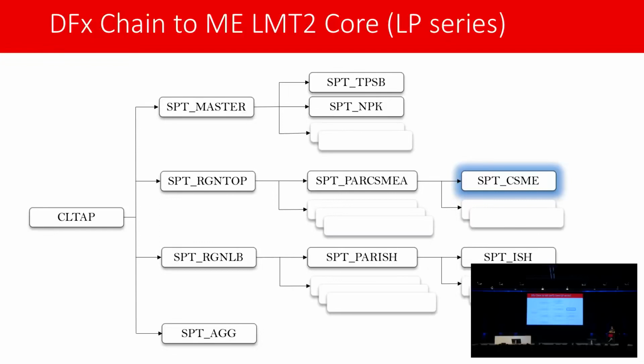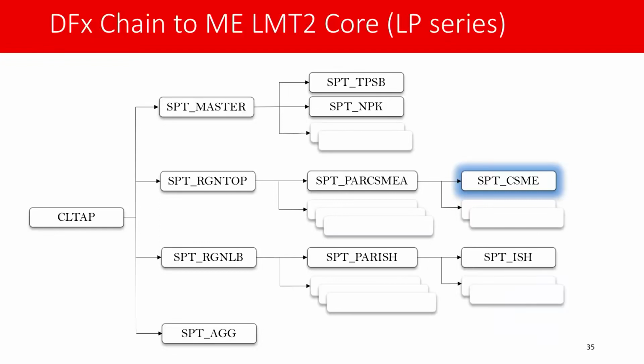For example, on the slide you can see the internal structure of the LP series of PCH. It is the U series of CPU, and the SL tab is divided into 4 parts, and on top connected parts are SME and the ME core.